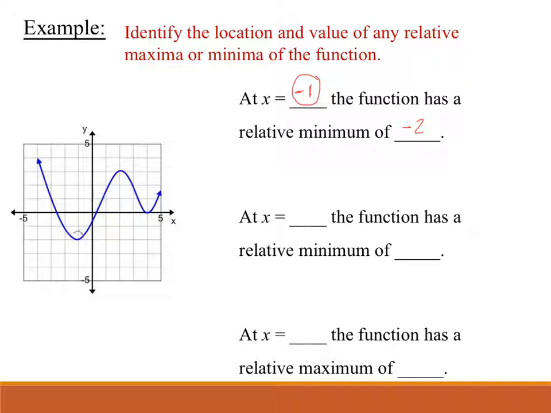Here it is, there's our relative minimum. And there's another minimum at x equals 4, where we have a relative minimum of 0. There's our other minimum value.